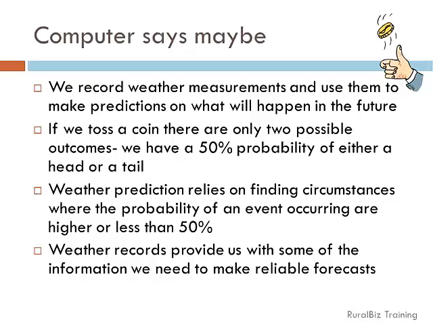Well, we record weather measurements and use them to make predictions on what will happen in the future. If we toss a coin, there's only two possible outcomes. We have a 50% probability of either a head or a tail. Now, weather prediction relies on finding circumstances where the probability of an event occurring is higher or lower than 50%. Weather records provide us with some of the information we need to make reliable forecasts.